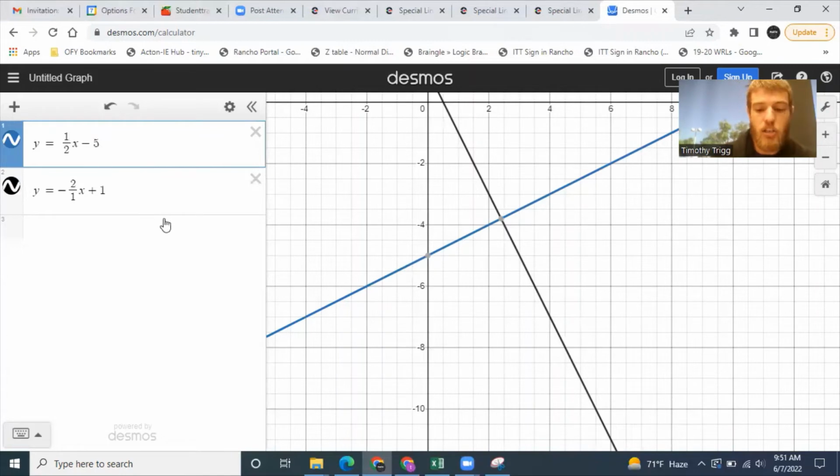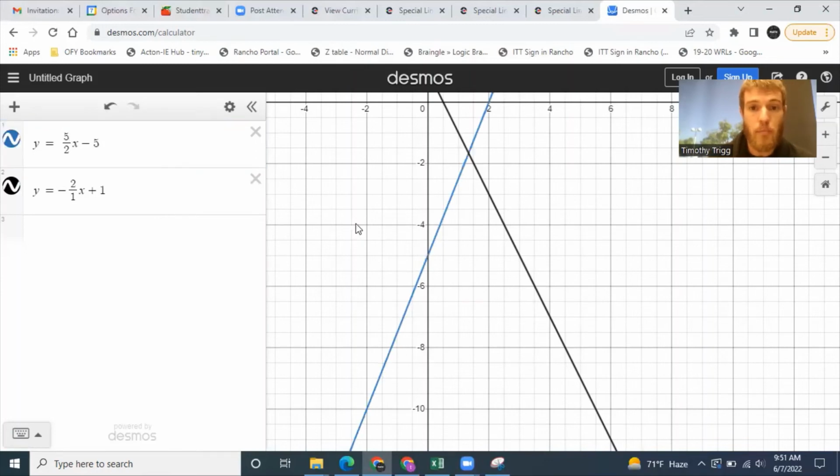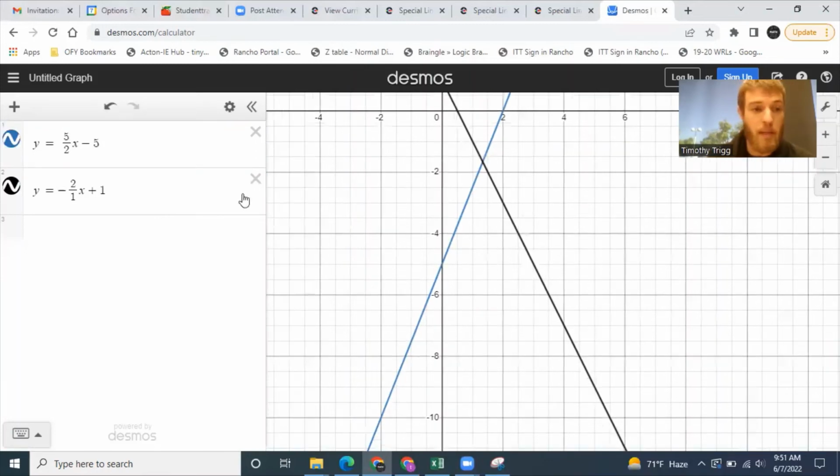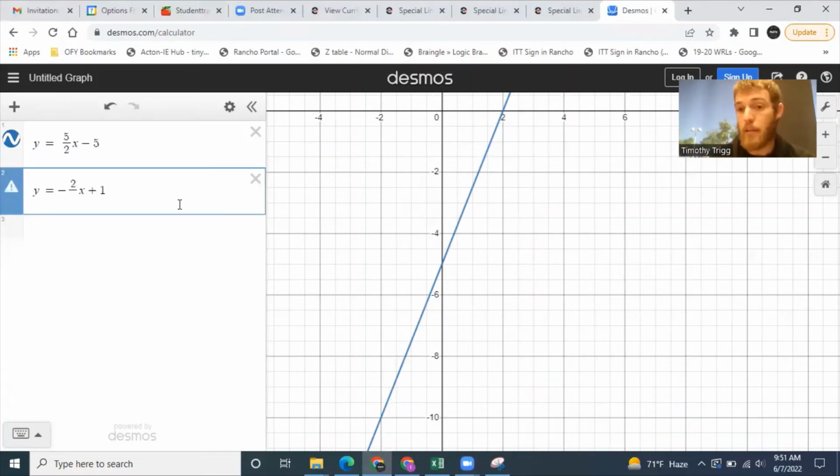So let's say I change this blue line. I'm going to change it to 5/2 for its slope. Well, now they're no longer perpendicular. What do you think I would have to change this one's slope to in order to create perpendicular lines? Well, instead of 5/2, let's flip it, 2/5.